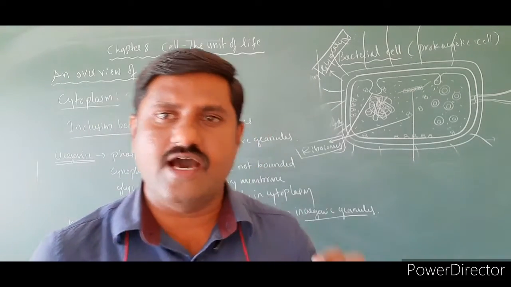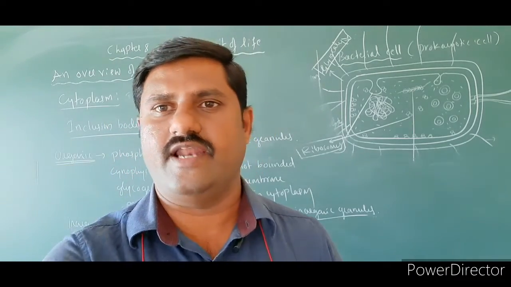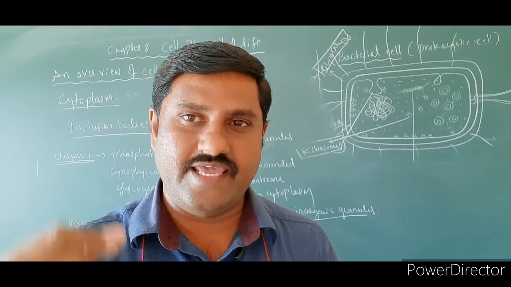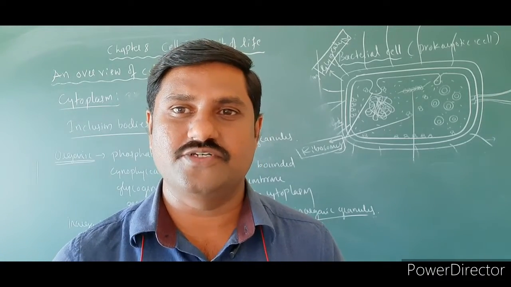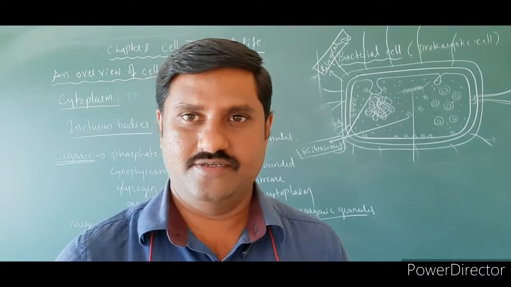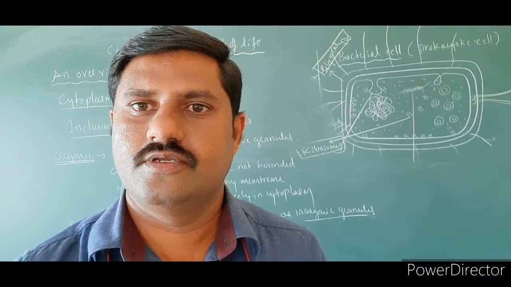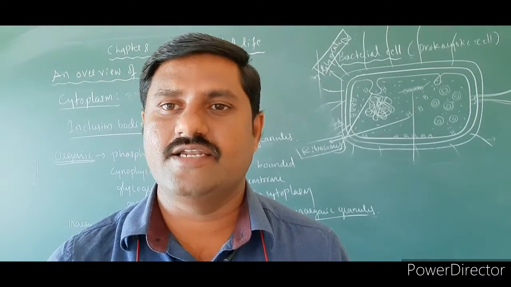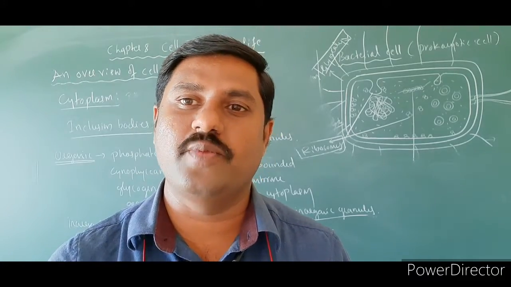Volutin granules are one kind of granules which are said to be inorganic granules, and these take stains. So these are the granules which take stains. Some of them are sulfate granules, even sulfur granules. They are sulfur granules, and these are said to be metachromatic granules.